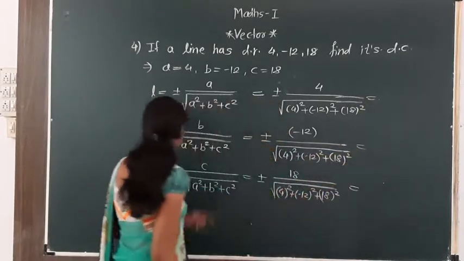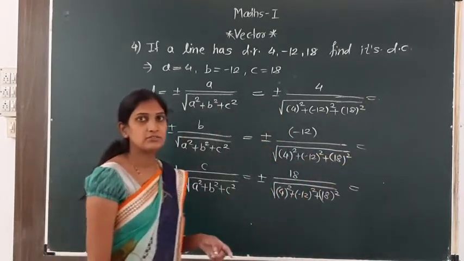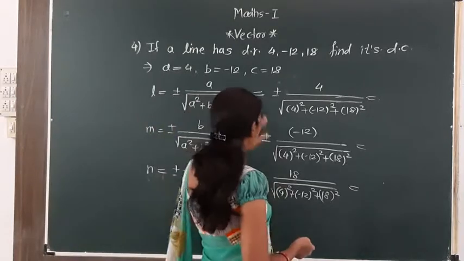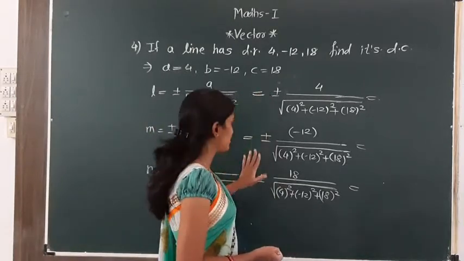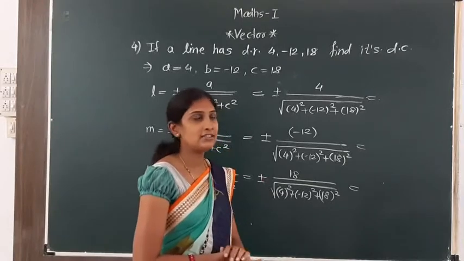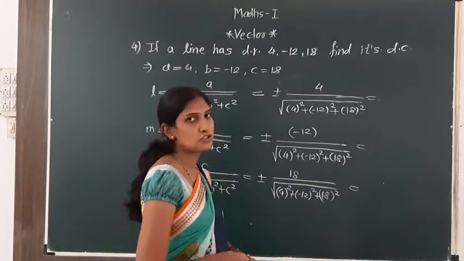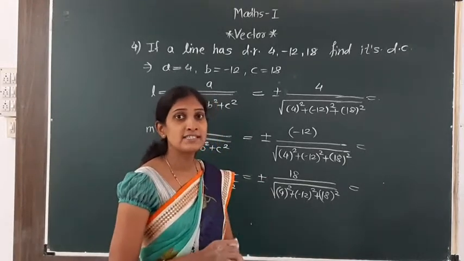Now we know that the direction cosines are unique, so for convenience we don't take the plus or minus sign in our next step.